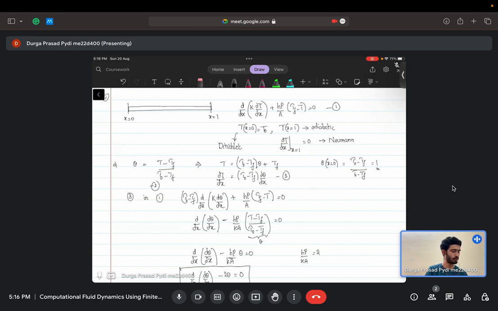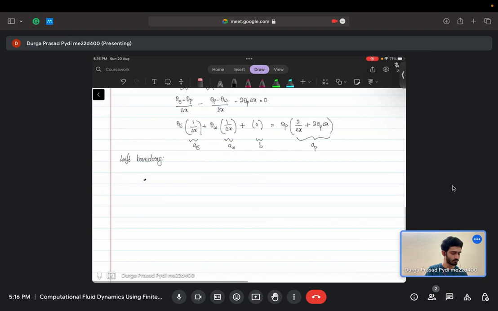So I have my boundary value on the west face. This is my P cell, and then I have an east cell. On the west I don't have a cell, I just have a west boundary. So this is my east face.